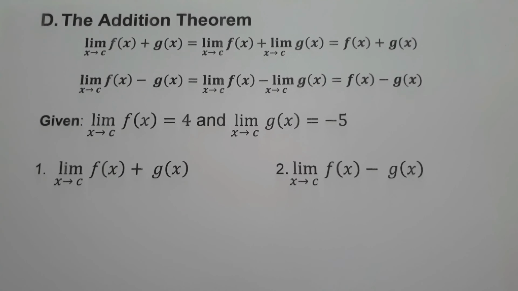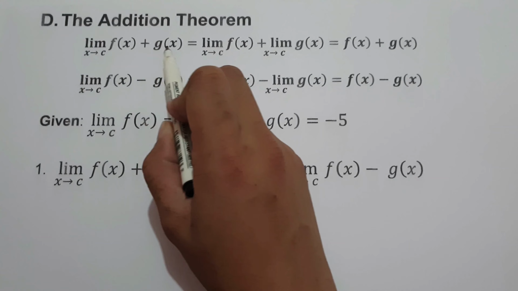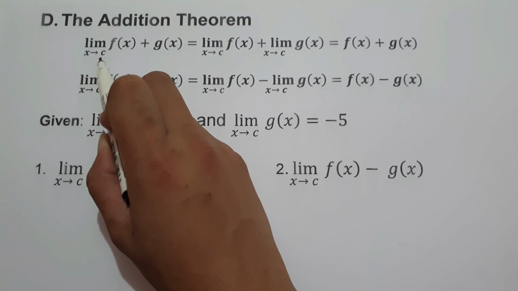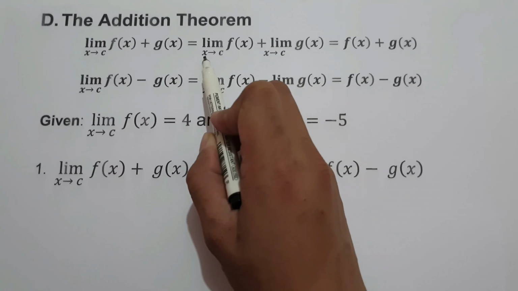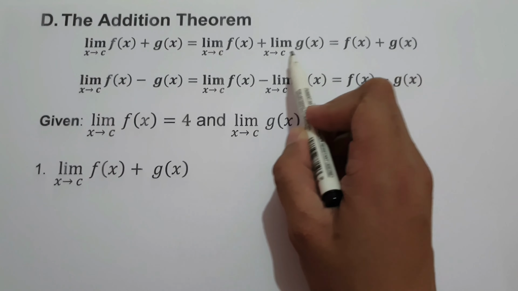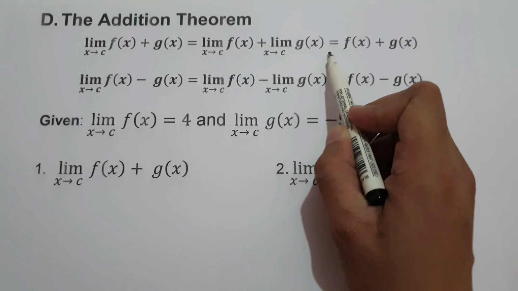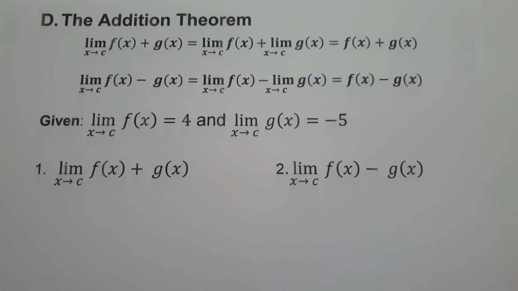So the general form for the addition theorem is written in the form of the limit of f of x plus g of x as x approaches c is equal to the limit of f of x as x approaches c plus the limit of g of x as x approaches c.